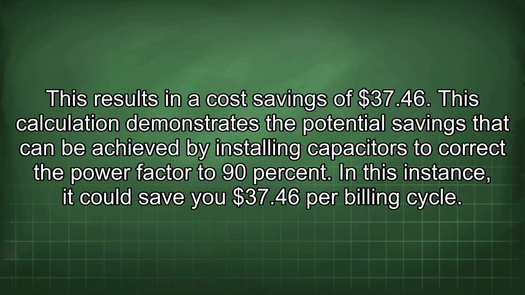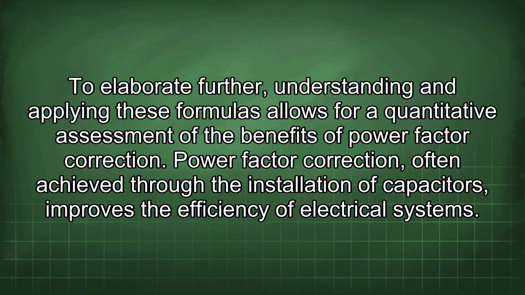This results in a cost savings of $37.46. This calculation demonstrates the potential savings that can be achieved by installing capacitors to correct the power factor to 90%. In this instance, it could save you $37.46 per billing cycle.